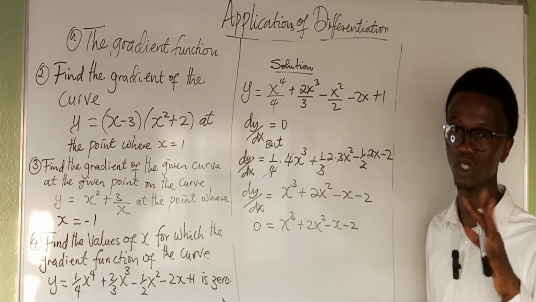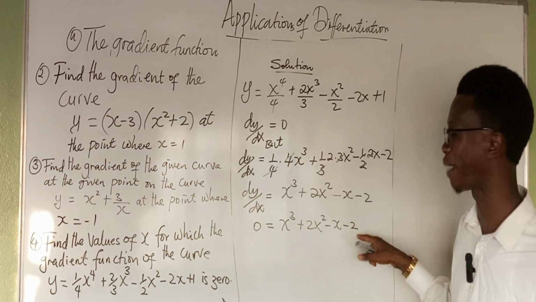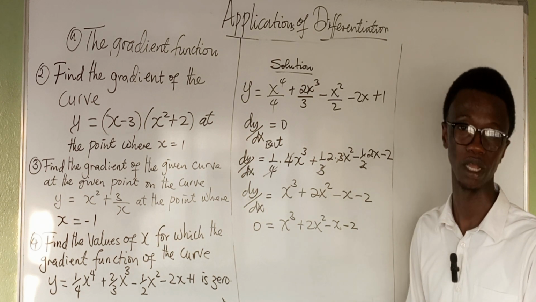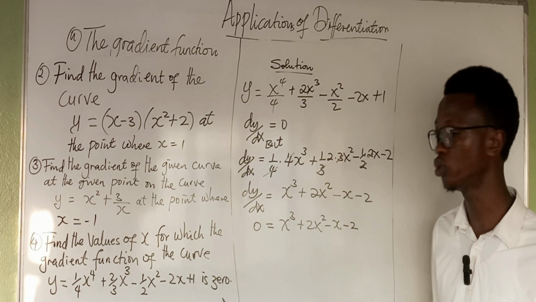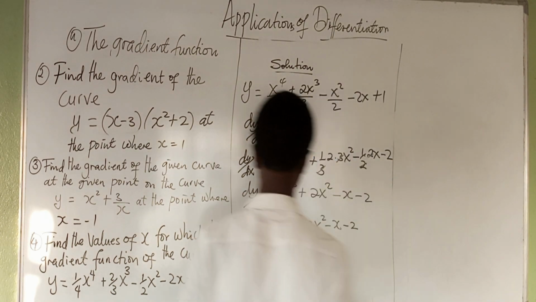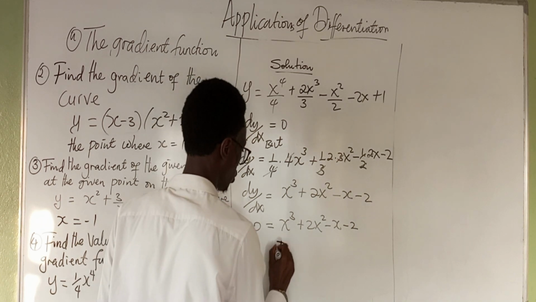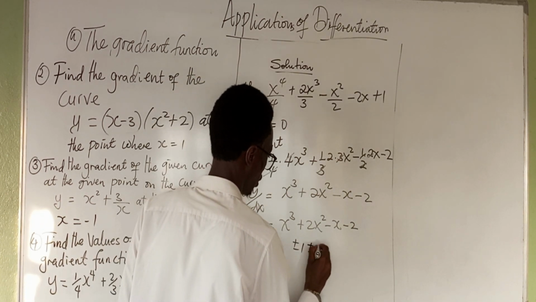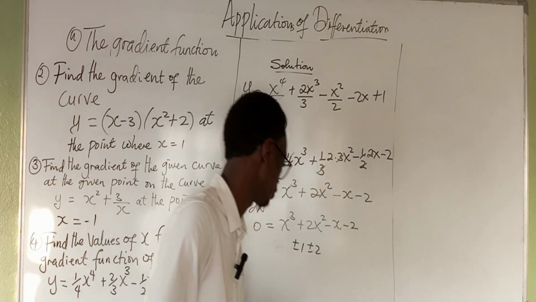We look at the factors, the numbers that can go into this, the factors of minus 2, or 2. So we have plus or minus 1, and plus or minus 2. Those are the factors that can go into 2.